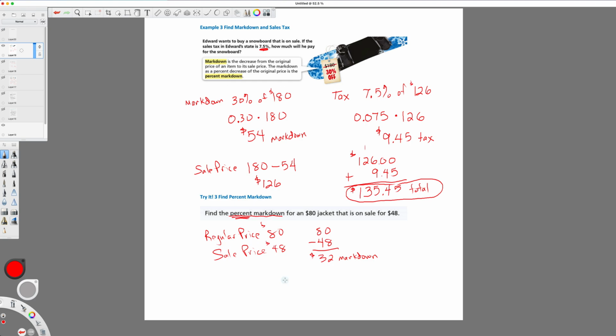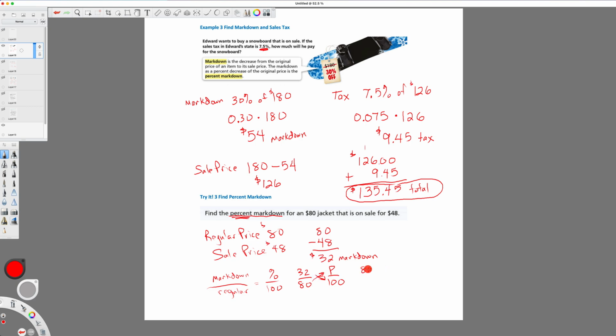So I'll do this one with a proportion since you all seem to like that. I'll write down the general formula. It's markdown over regular price equals percent markdown over 100. So the markdown we calculated was 32. The regular price is the 80. And then I don't know the percent, and it's always over 100. So now we cross multiply and divide.